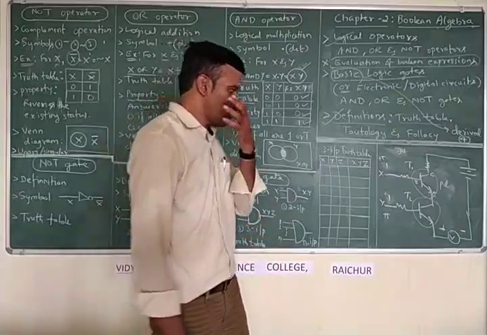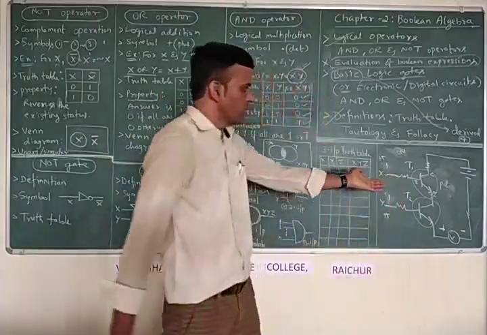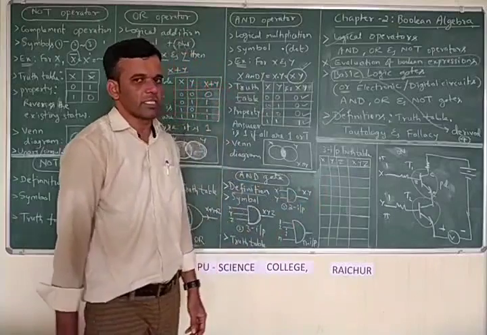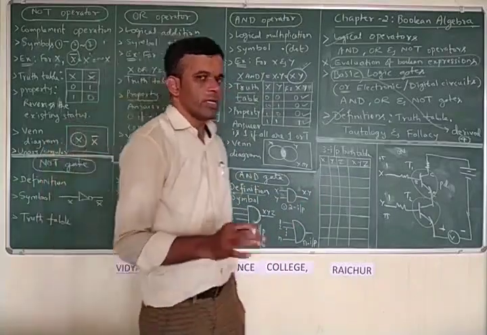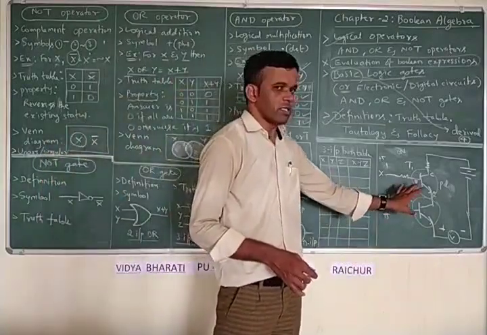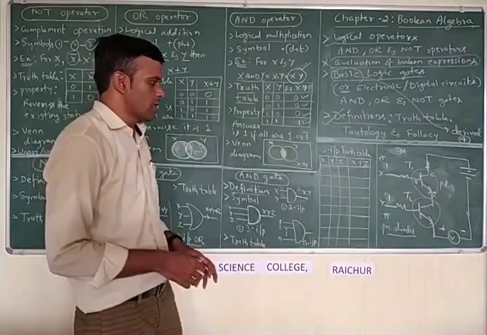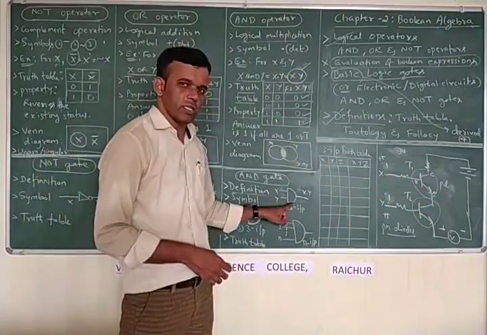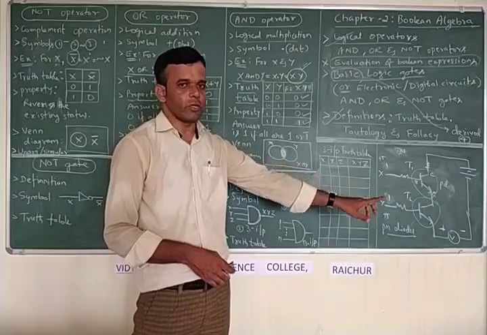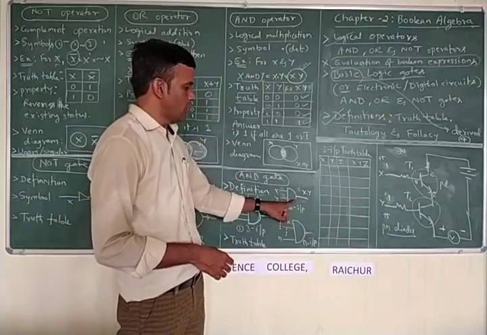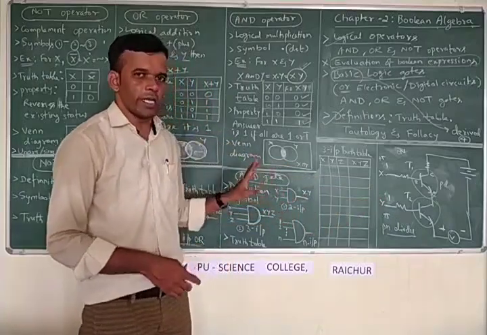Okay. So this is the actual circuit implementation having the transistors. Okay. But don't worry, it is not there in our syllabus at PUC. So this is the actual circuit, but we are just using this symbol to indicate the AND gate. Okay.